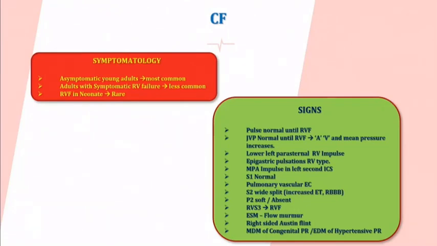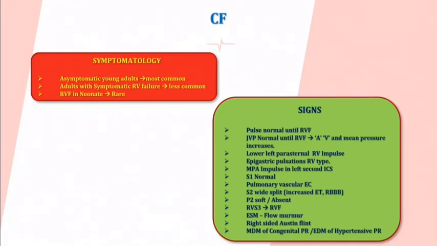P2 is expected to be soft or absent depending on the valve morphology. There can be an RV S3 with right heart failure. There can be a flow murmur described as an ejection systolic murmur.